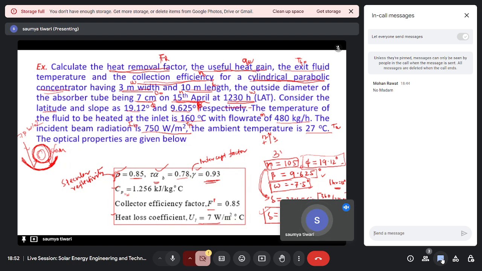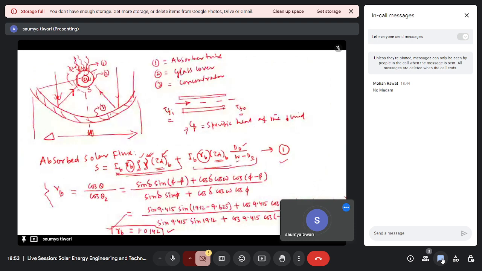Omega, the hour angle. It's given 12:30. 1 hour corresponds to 15 degrees, if you remember. Then half an hour from solar noon corresponds to 15 by 2, 7.5 degrees, and since it's afternoon, the sign will be negative, right?